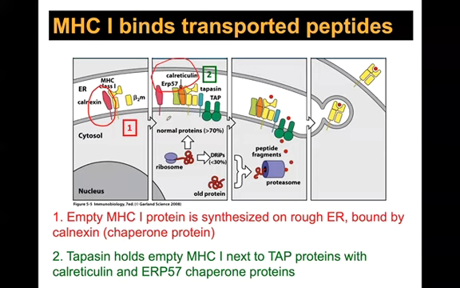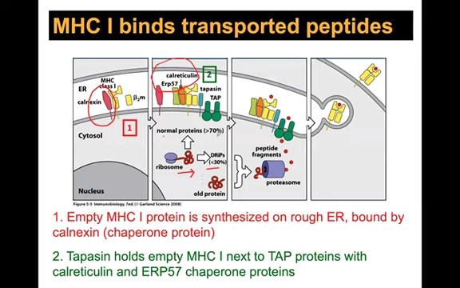Now, under non-inflammatory conditions, most of what's coming through the TAP proteins are what are called DRiPs, or defective ribosomal products. Another way to say it is misfolded proteins. And John Yewdell showed that this is a major source of the peptides that are actually put through the TAP transporter.